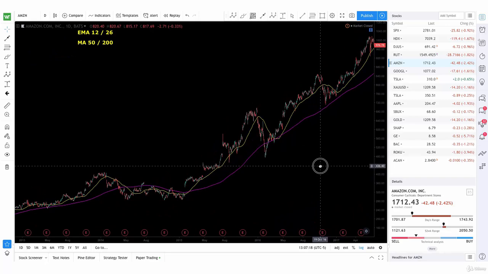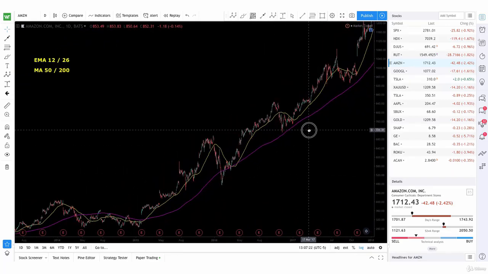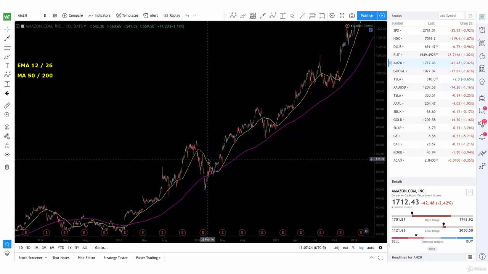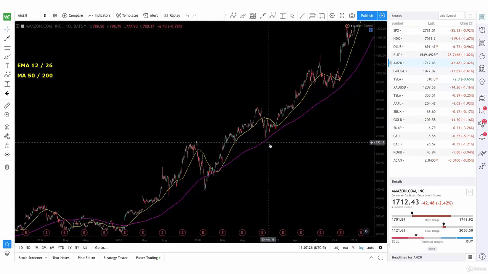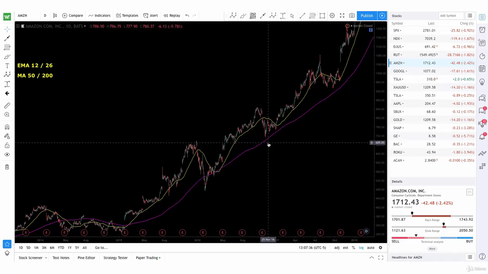Okay. Now, if you look at this here, since the price is over it, you want to look for it as a support. Okay, it's a support line, the 200 moving average. So here it worked as support.